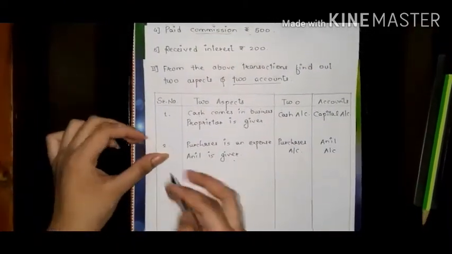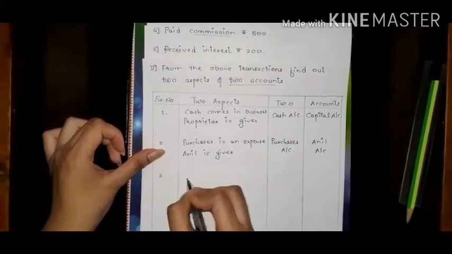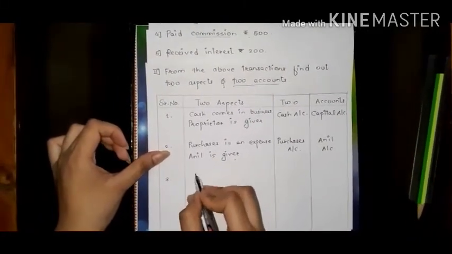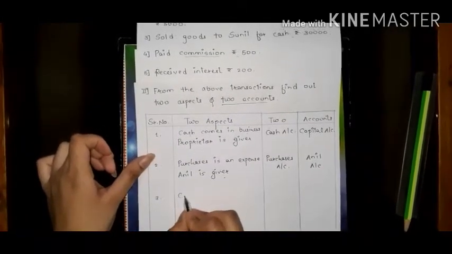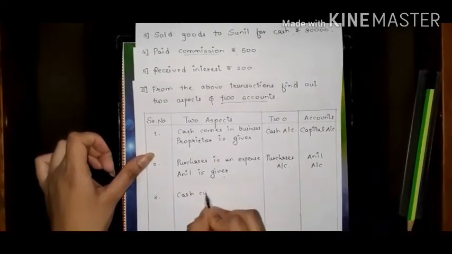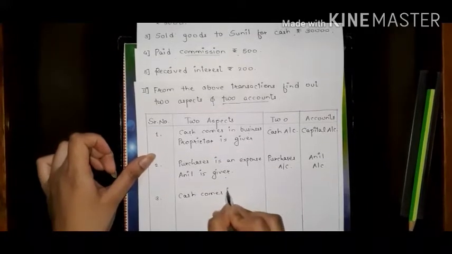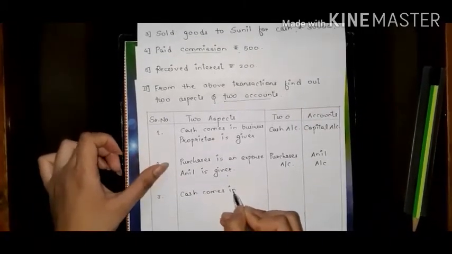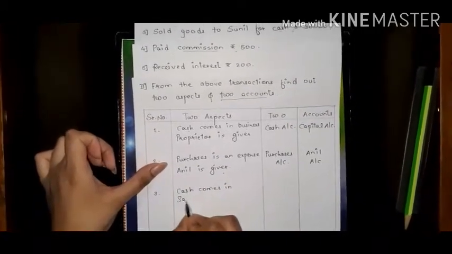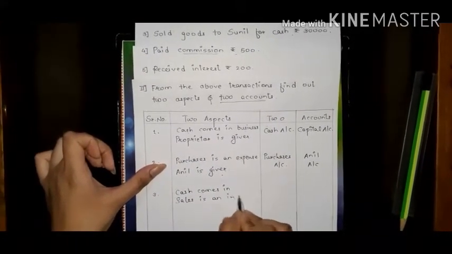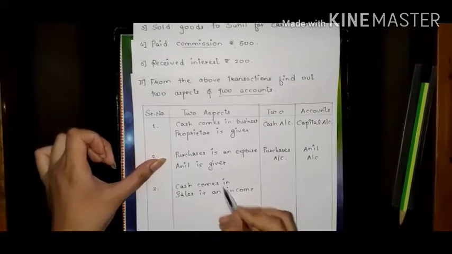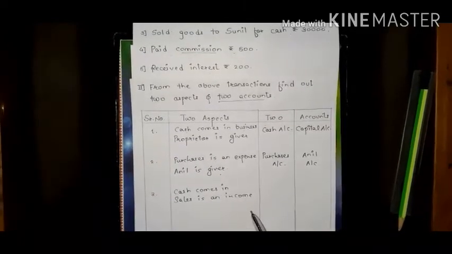So this is the third transaction. We will write here the aspects. We have already written. Cash comes in. And sales is an income. These are the two aspects we have already discussed.